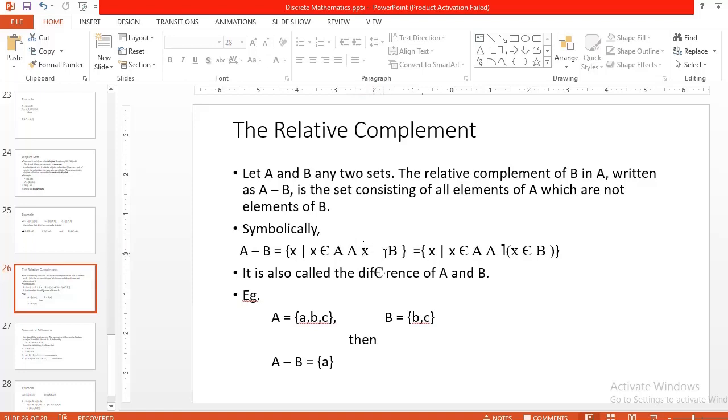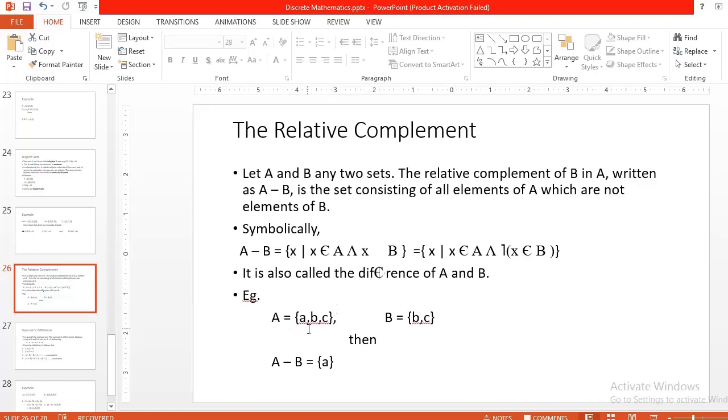So it is also called the difference of sets A and B.